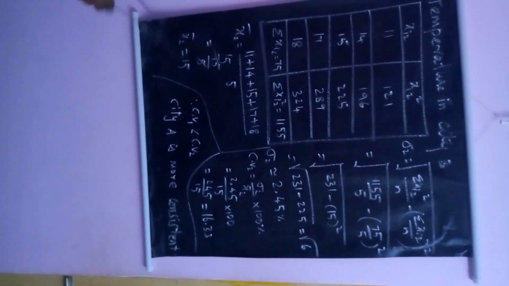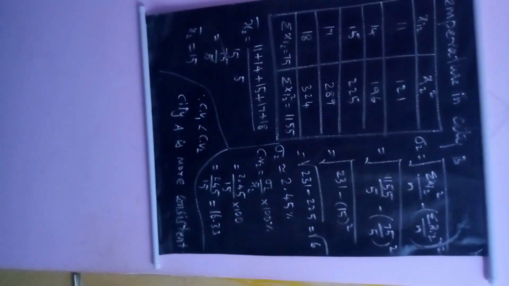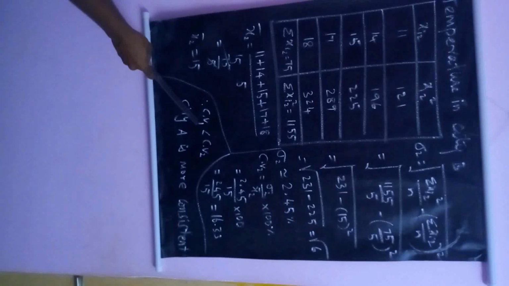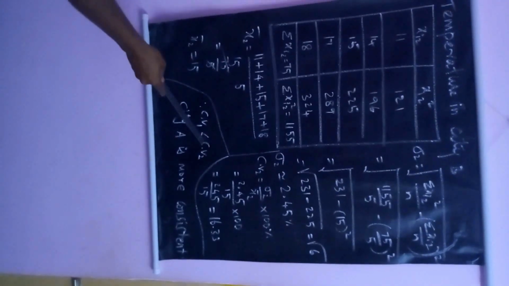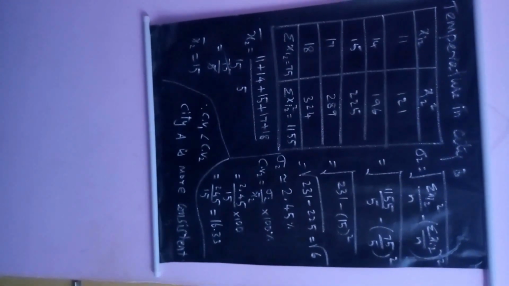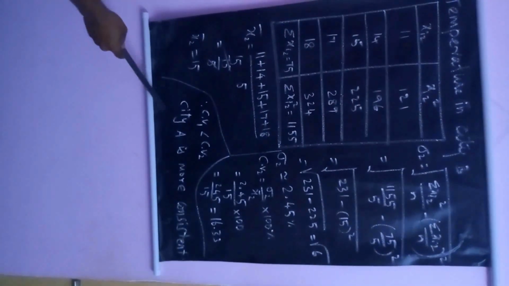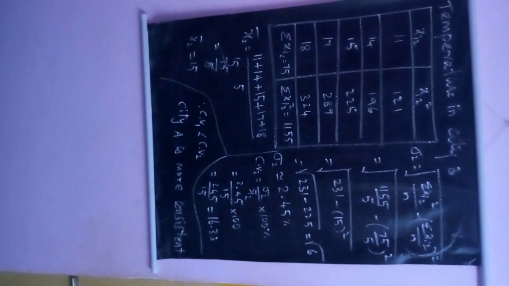So finally, you can observe these two coefficients of variation. Coefficient of variation 1 is less than coefficient of variation 2. So the temperature in city A is more consistent.